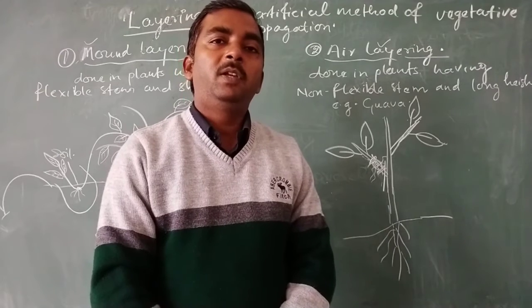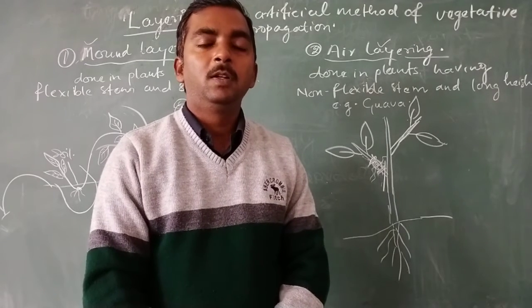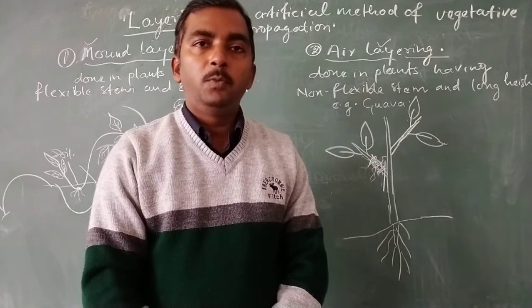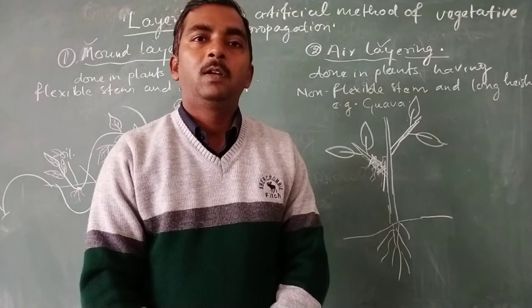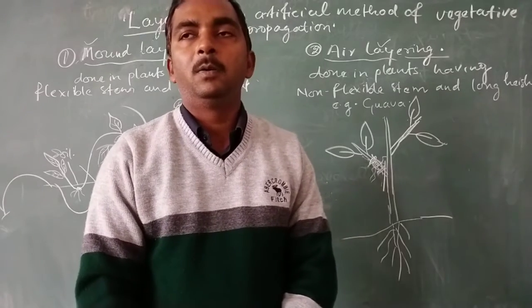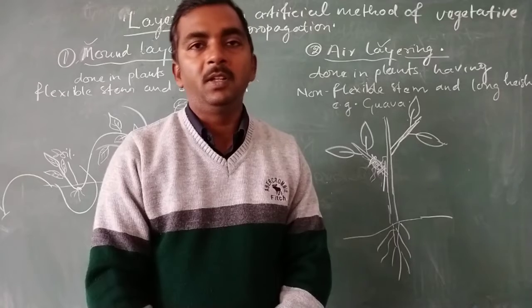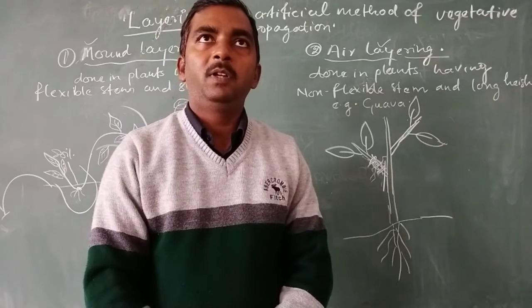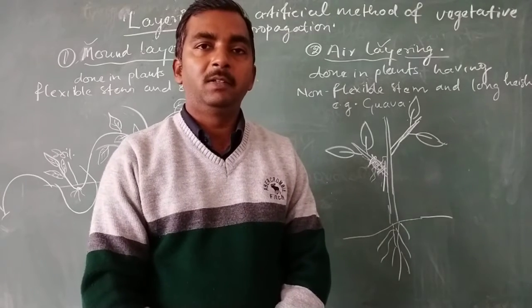The next topic related to vegetative propagation is tissue culture, which is a modern technique for growing new plants in a highly efficient way, with very little money expenditure, at high speed, and in a cheap manner.